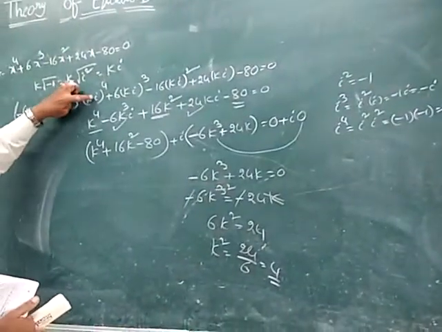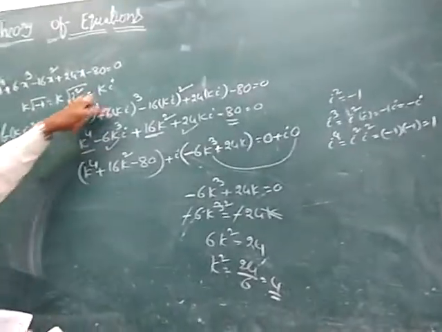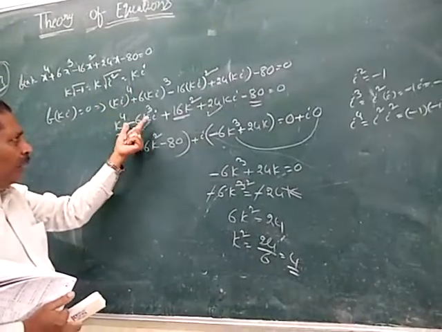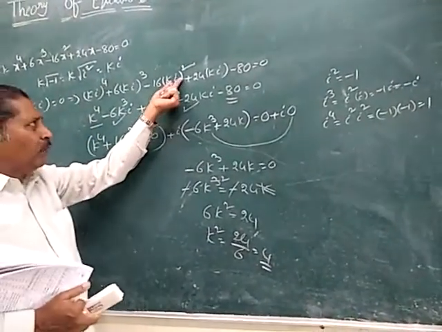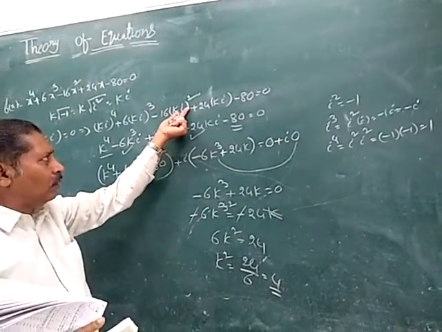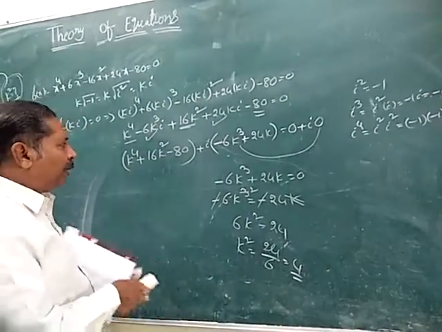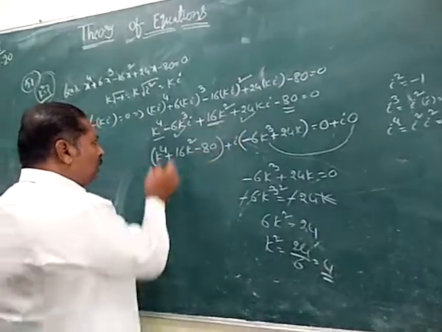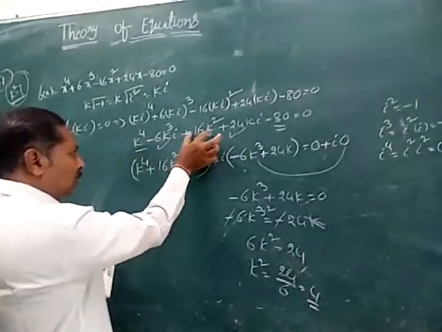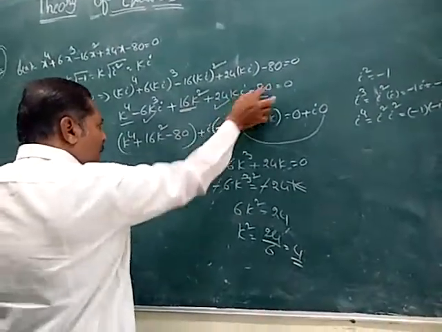So i power 4 value plus 1, i cube value minus i, i square value minus 1, minus into minus plus.